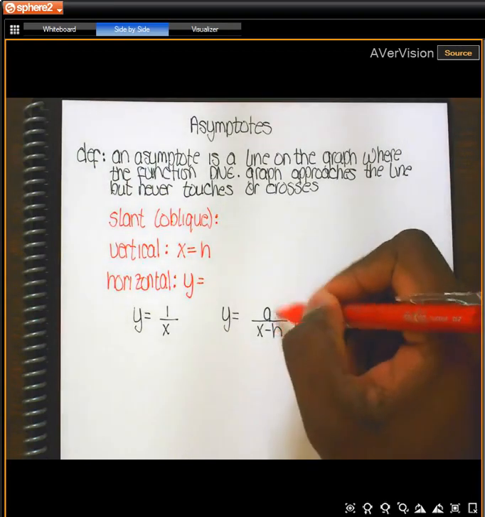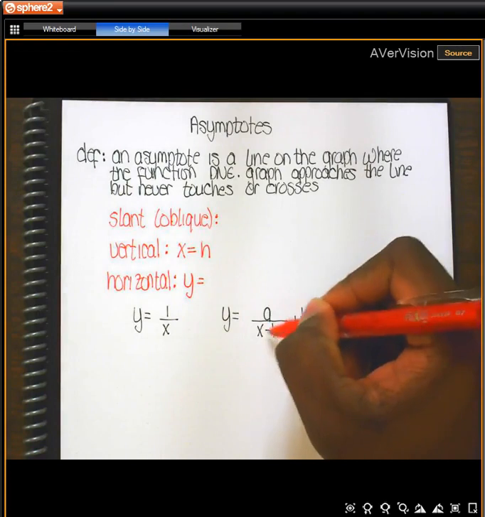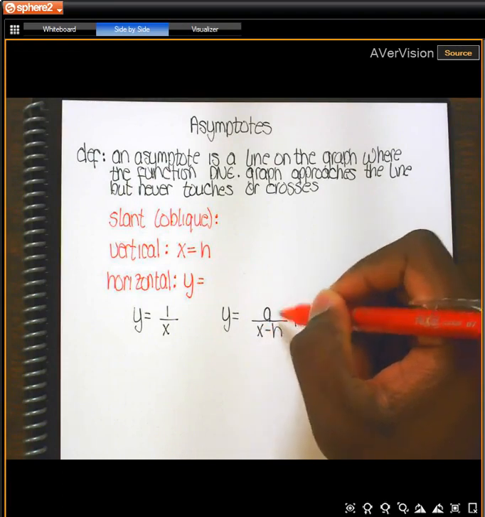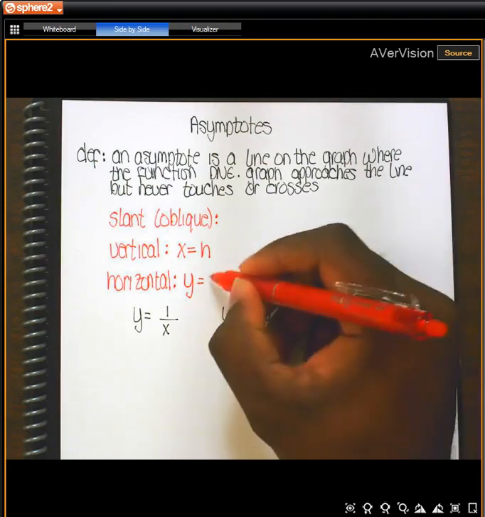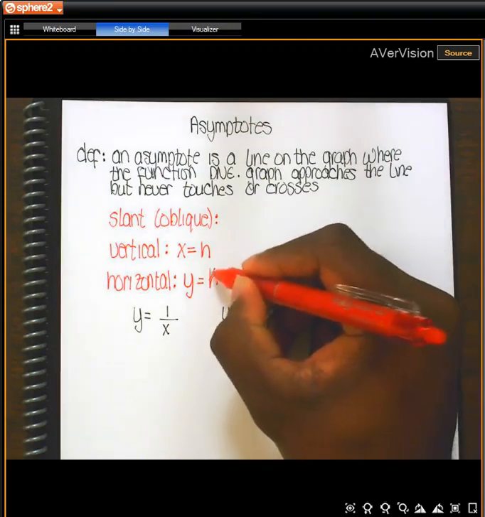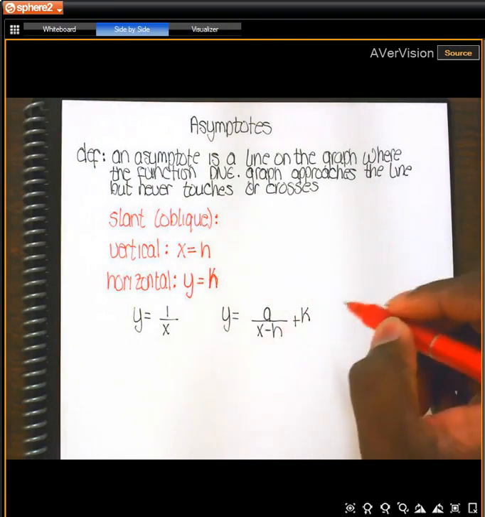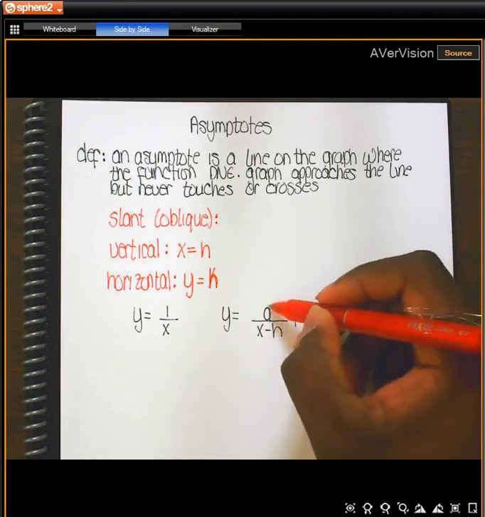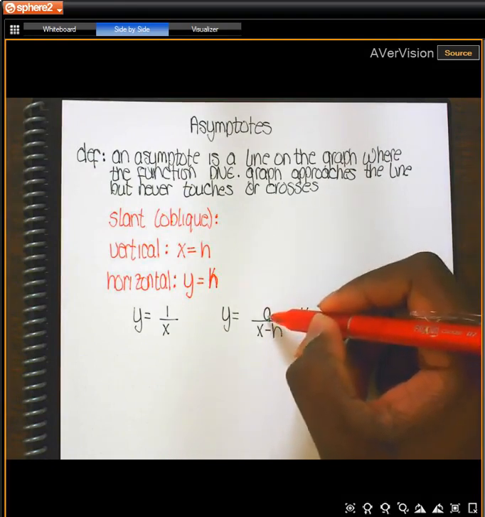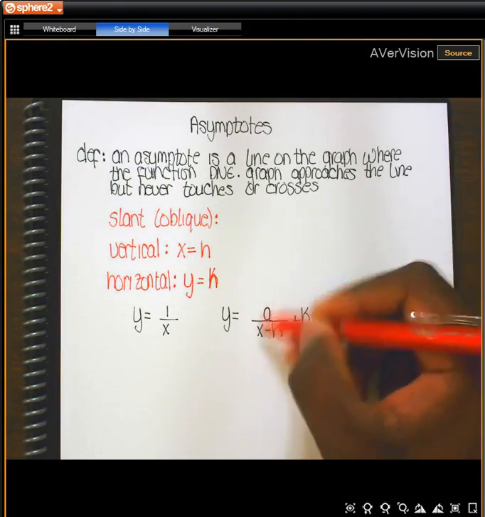And because we can't get a 0 in the denominator, the horizontal asymptote is going to be determined by the k value. So if a does not equal 0, is there any way for this whole fraction to be 0?